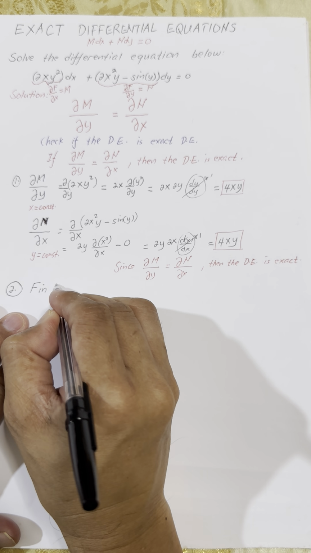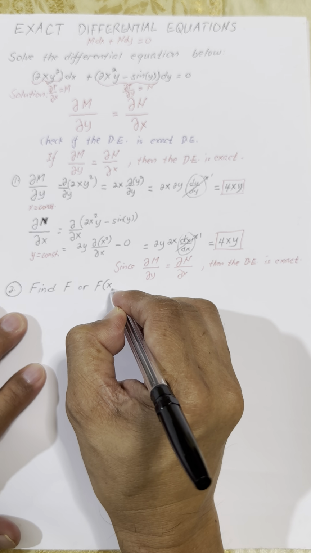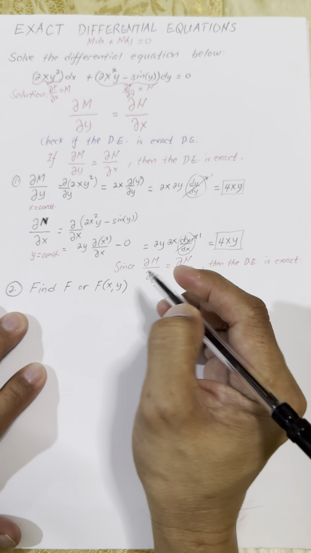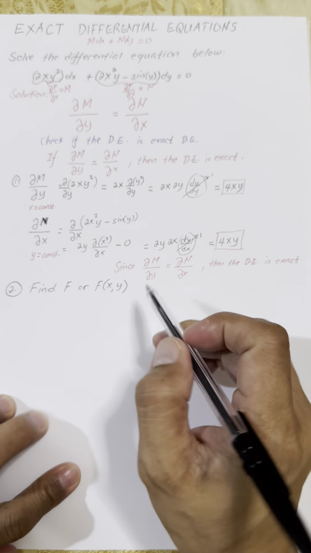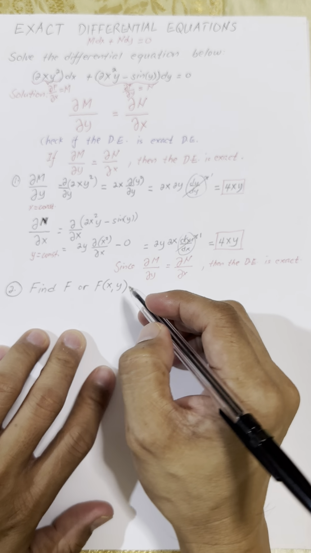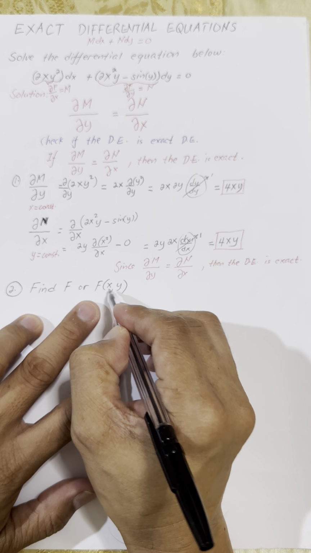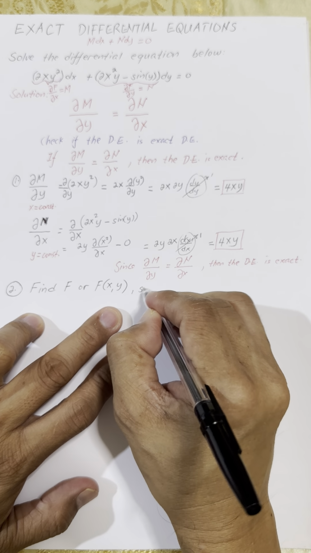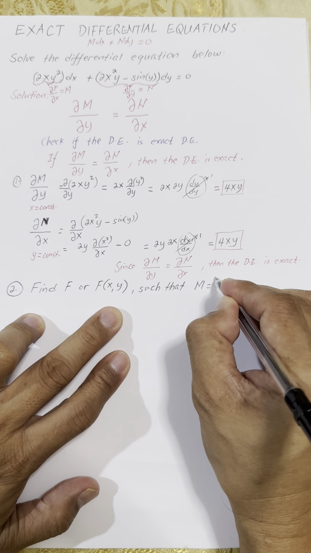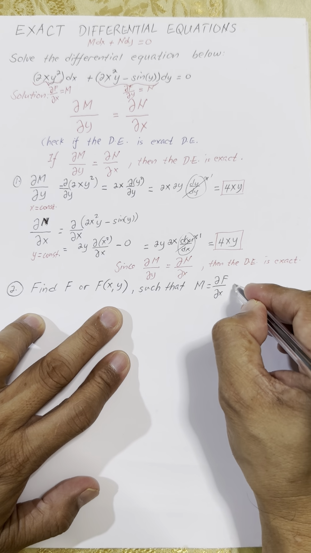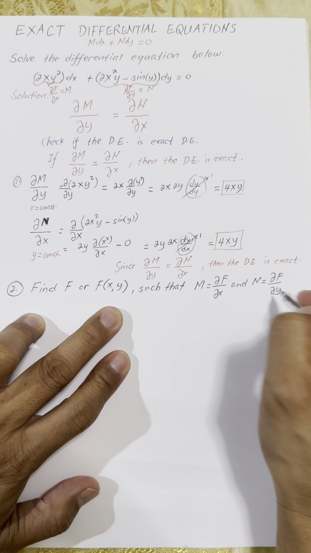So let's find the function f, a function of two variables x and y, such that, if we take this m, this is the requirement: find f of x and y such that m is equal to the partial derivative of f with respect to x, and n is equal to the partial derivative of f with respect to y.